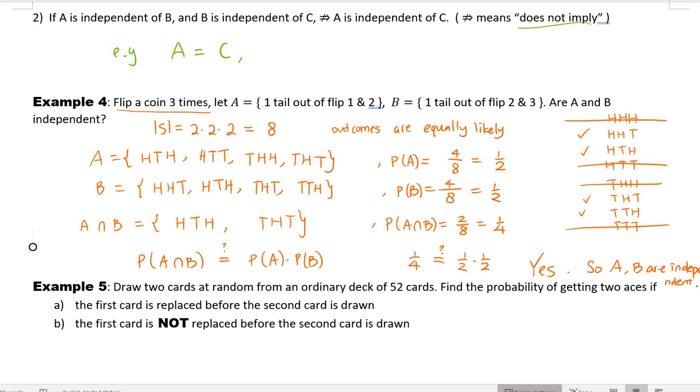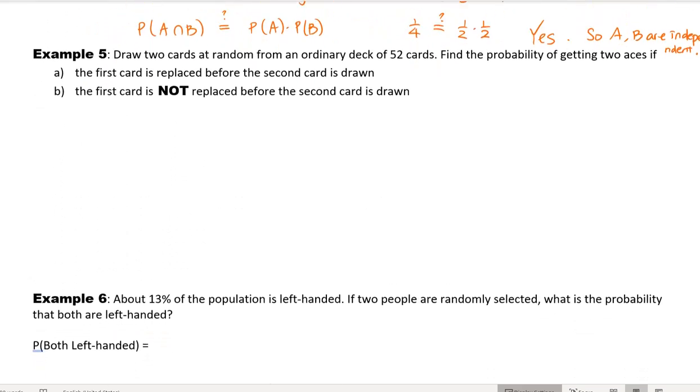So this is example 4. So far, so good, everyone. Let's continue. Example 5. Draw 2 cards at random from an ordinary deck of 52 cards. Find the probability of getting 2 aces if the first card is replaced before the second card is drawn.